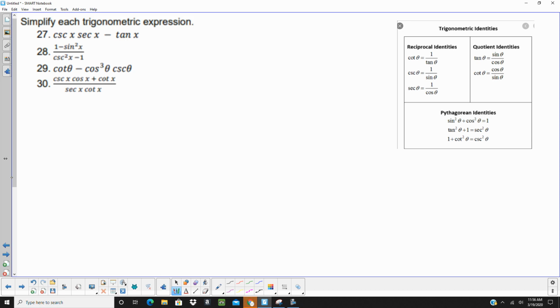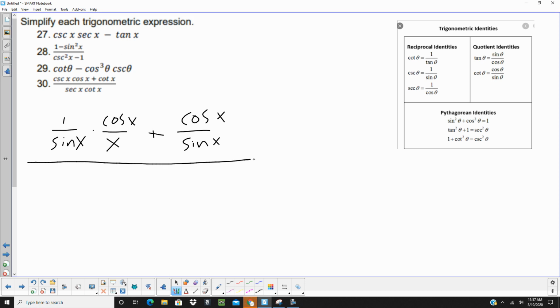So cosecant is, try that again, 1 over sine. And I'm going to leave that cosine alone. Cotangent is going to be cosine over sine. I'm forgetting my x's. I need to put those in.